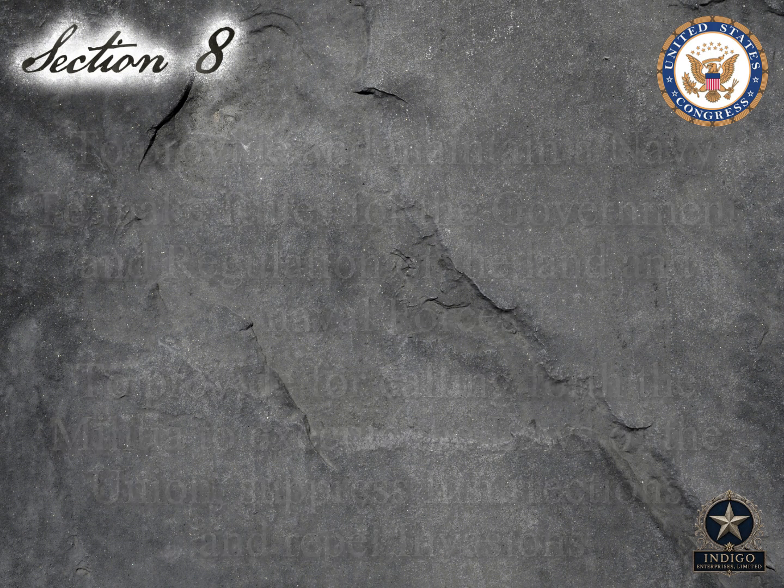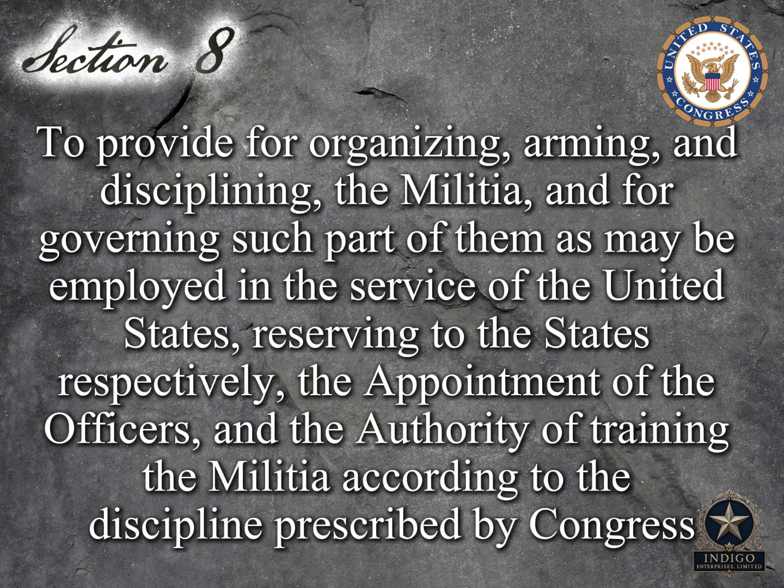Okay. To provide for organizing army and disciplining the militia, and for governing such part of them as may be employed in the service of the United States, reserving to the states, respectively, the appointment of the officers and the authority of training the militia according to the discipline prescribed by Congress.